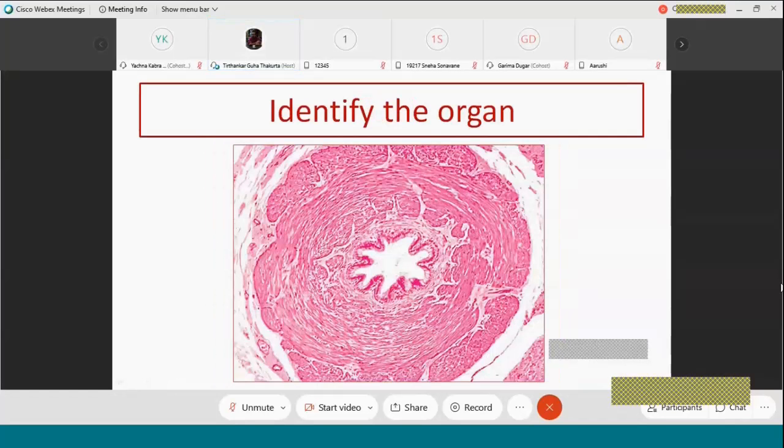Identify this organ. It looks very much like the ureter, except that the epithelium is probably not transitional.